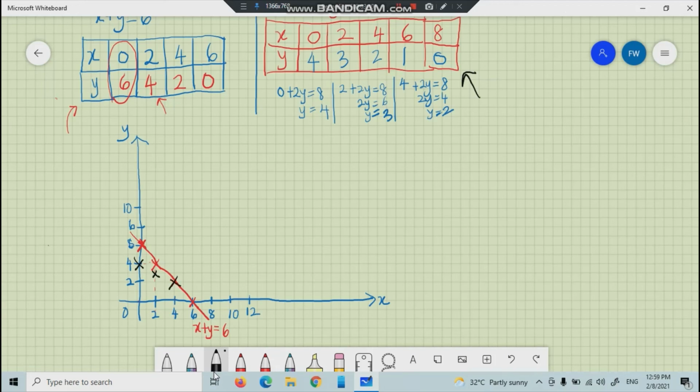Okay, that is our intersection. x6, y is 1. And x8, y is 0. So again, use a ruler and draw a straight line. And lastly, label your equation. 20x plus 40y equal 160.